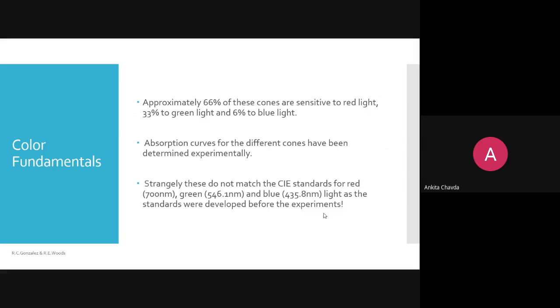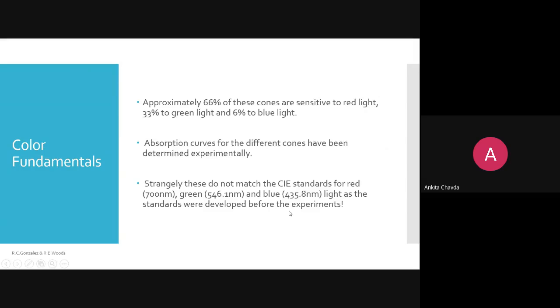Absorption curves for the different cones have been determined experimentally, and strangely, these do not match the CIE standards. Whatever standards are given by the book and whatever experiment they have done, they don't match, because for red the standard is 700 nm, for green 546 nm, and for blue 435 nm, as the standards were developed before the experiments.